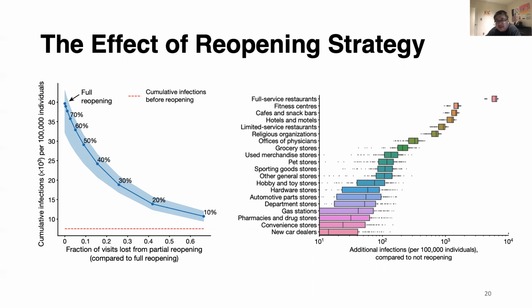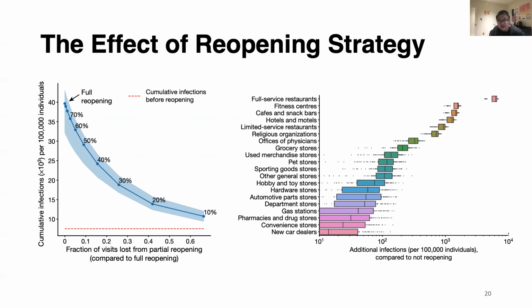And the annotations within the plot show a fraction of maximum occupancy that is used as a cap, and the horizontal red line indicates the cumulative number of predicted infections at the point of reopening, which is on May the 1st, 2020. So compared to full reopening, capping at 20% of the maximum capacity in Chicago reduces the number of new infections by more than 80%, while losing only 42% of visits overall.